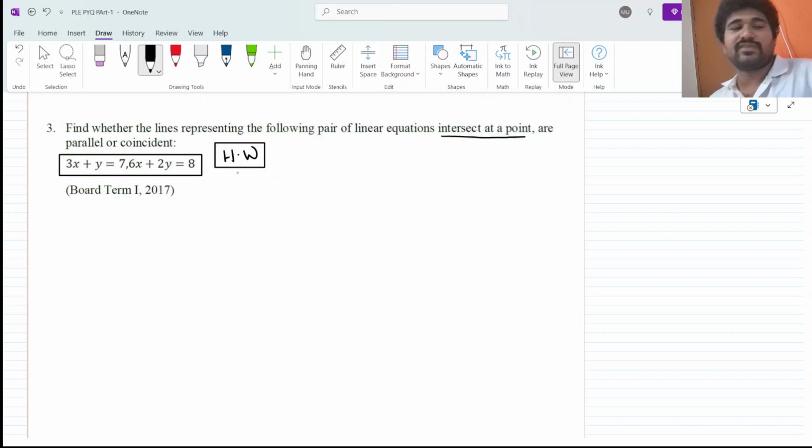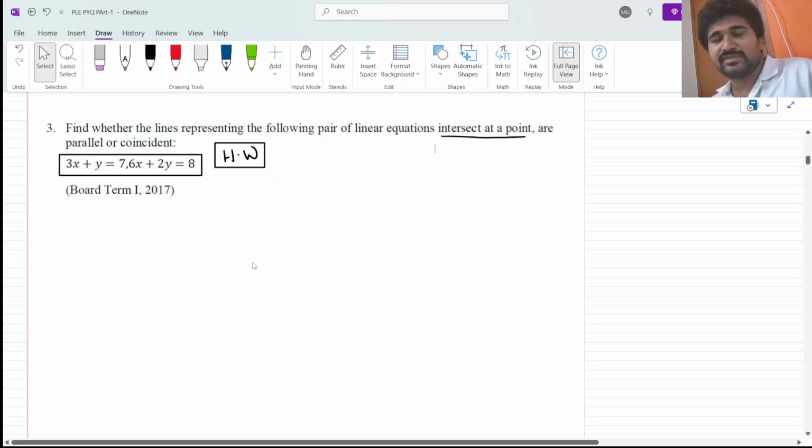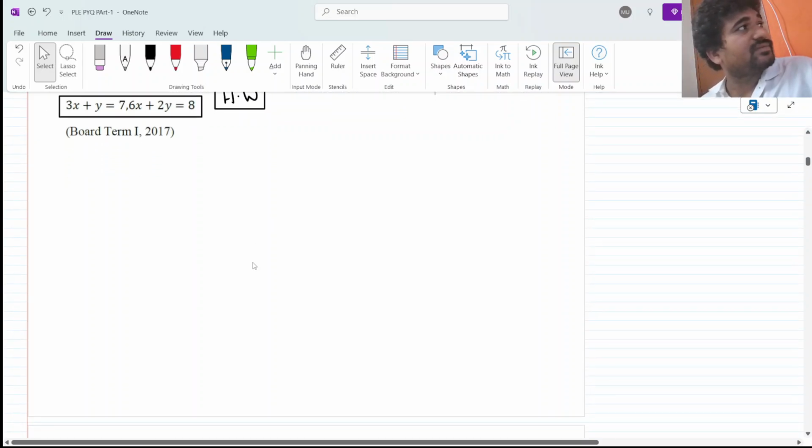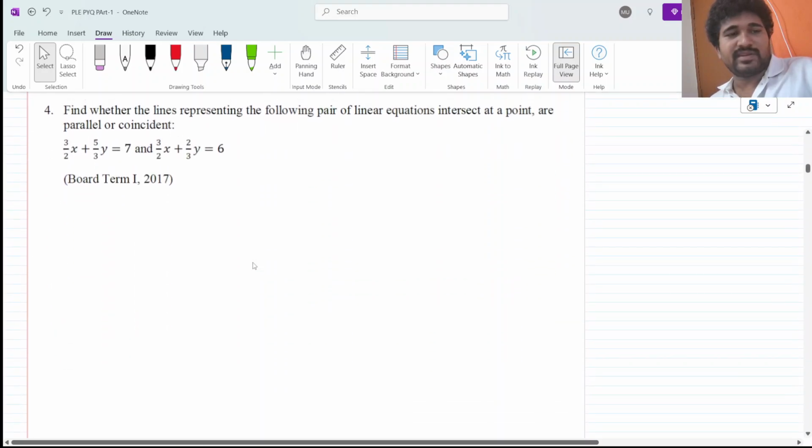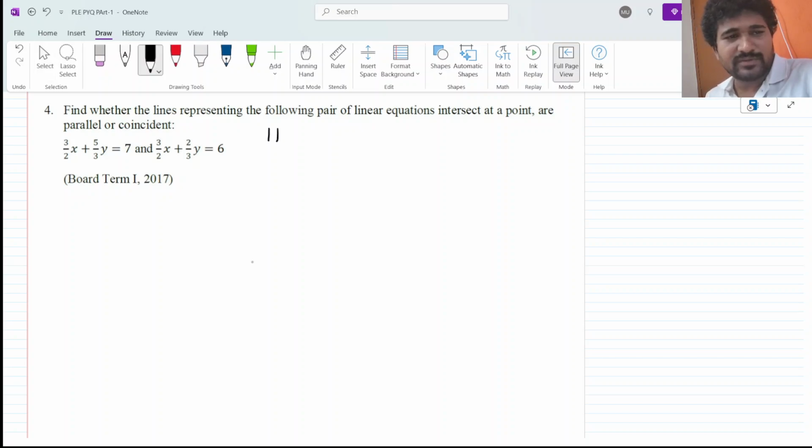Just write down the equations and mention intersects at a point, parallel, or coincident. Understood? Let's see the next question. Let's find whether the representing lines, same kind of question already. Write it down also as homework.